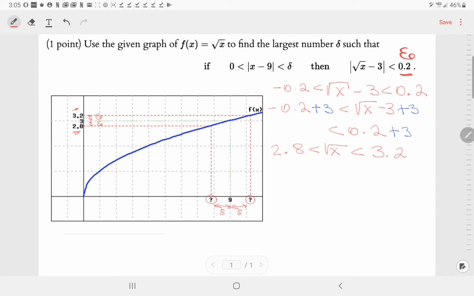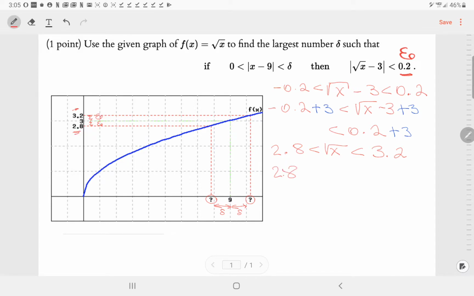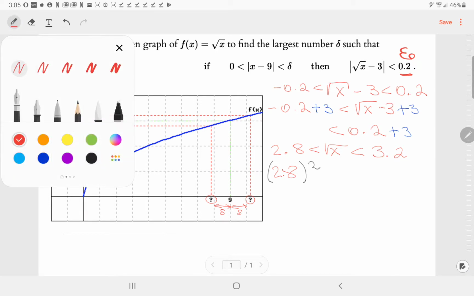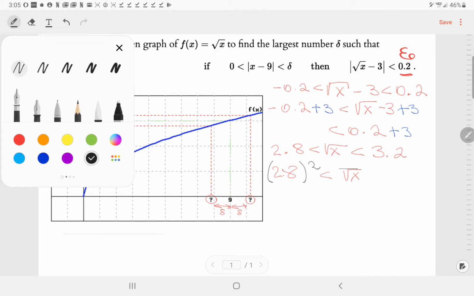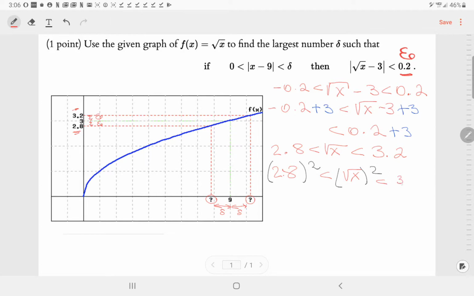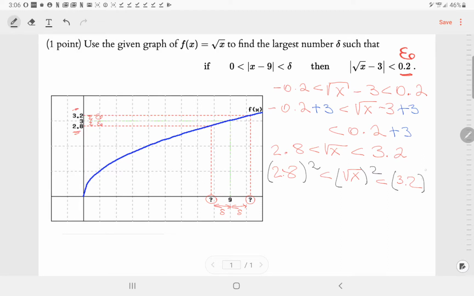If we continue working on the equation that we have right now, what we can do is take all the elements and raise them to power 2. So I'll use another color so you can see it. We have 2.8 and we raise it to the second power, is going to be less or equal to square root of x raised to the second power, and again less or equal to 3.2 also raised to the second power.